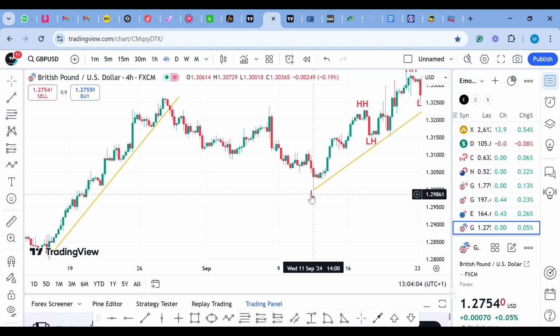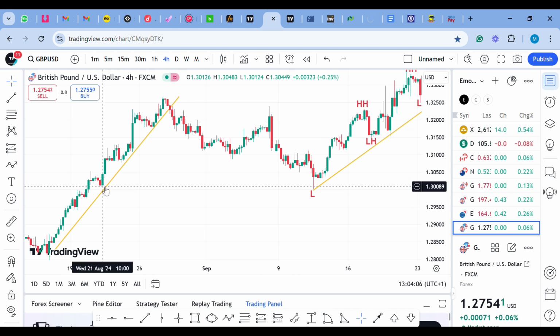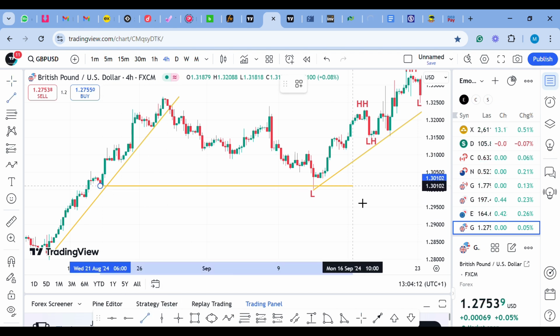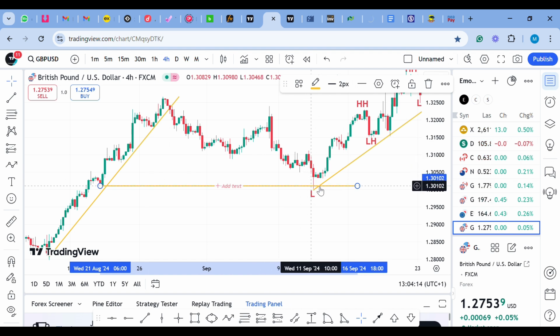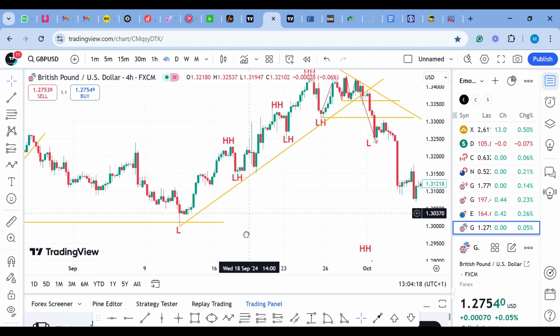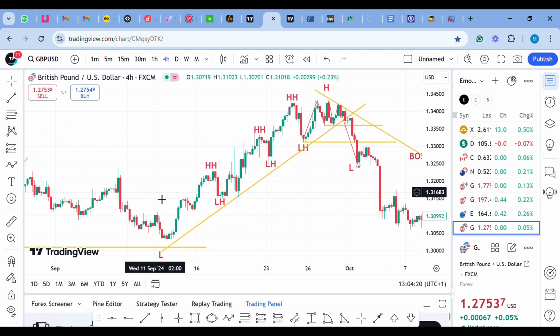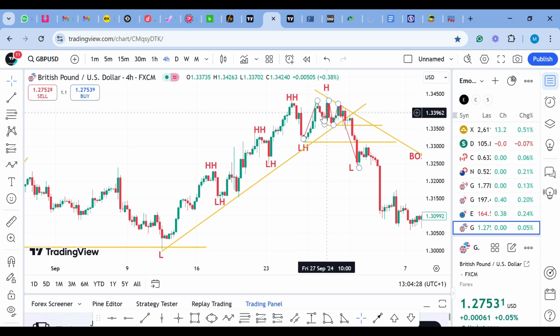It came back to retest this low it created here, and then started pushing up. You can see the hammer fell from the carpenter's hand, and the carpenter had to buy another hammer to get the job done.